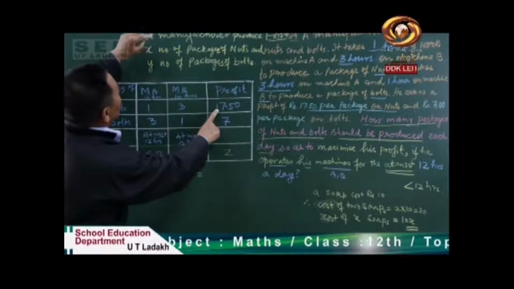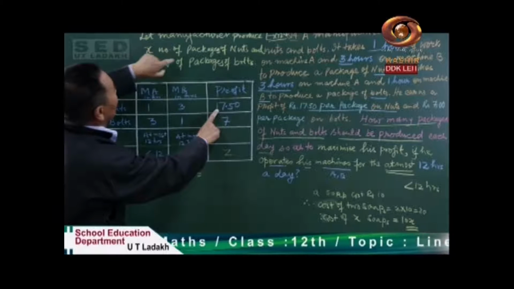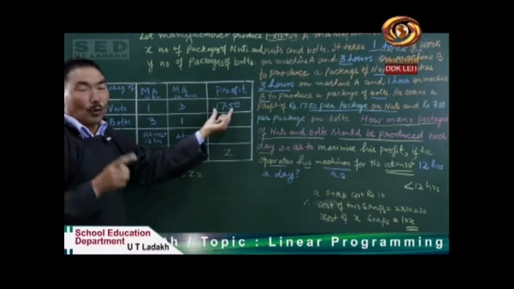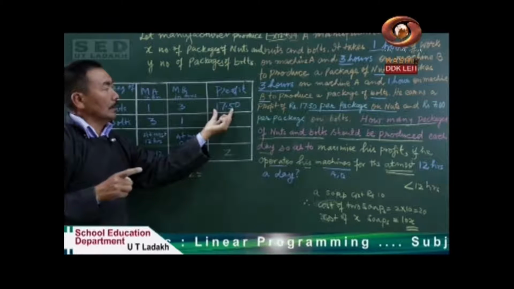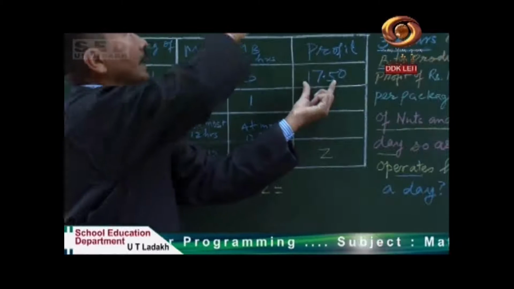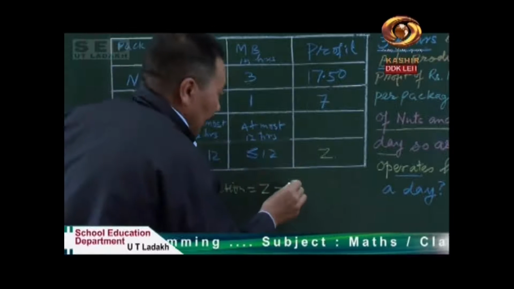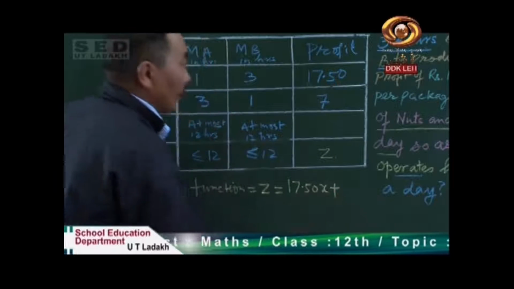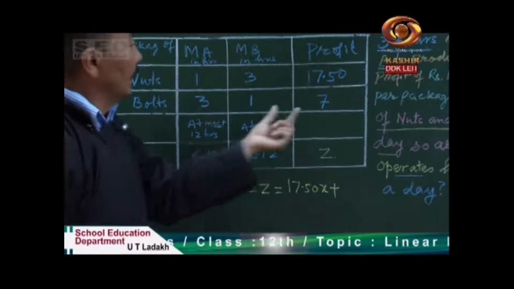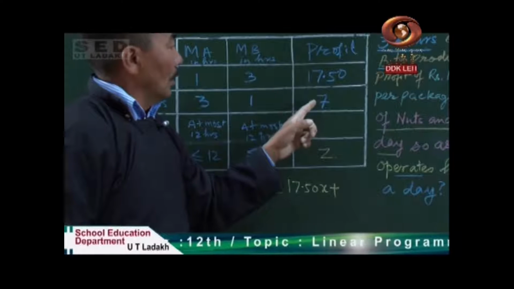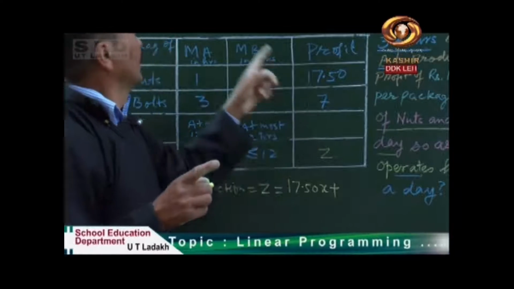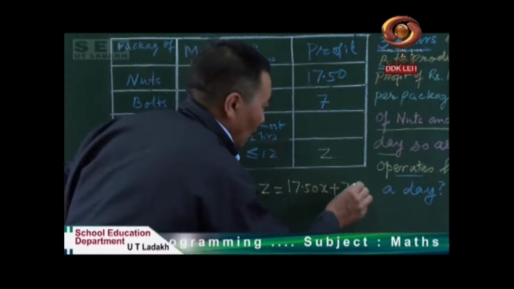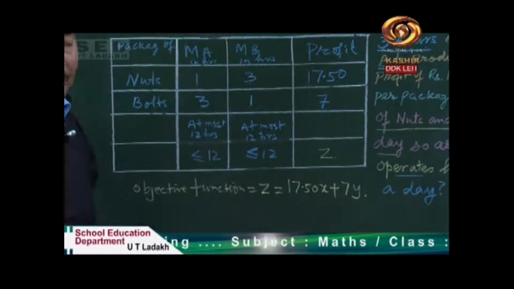So if he produces X packages of nuts, he will get 17.50x, plus on bolt he earns 7 rupees on one packet. If he produces Y packets, it will become 7y. This is our objective function.